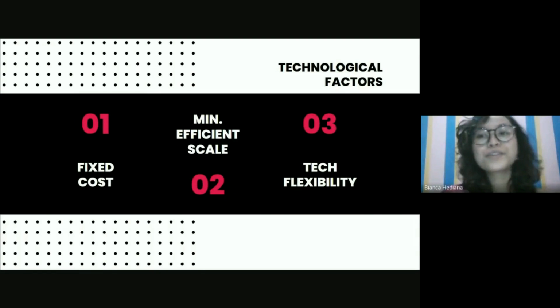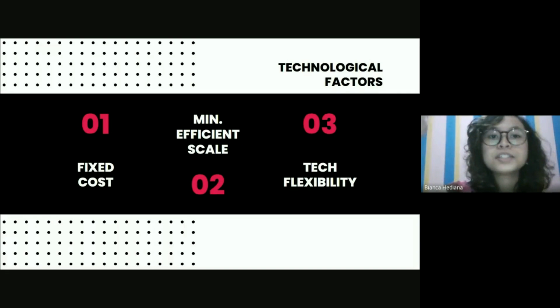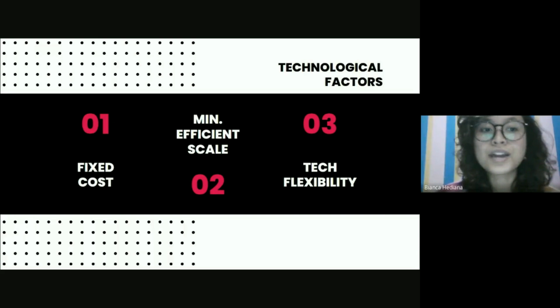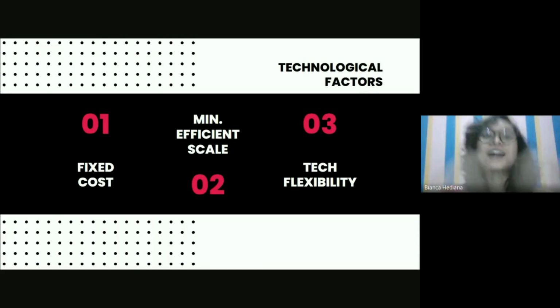So the summary for the technological factor that I already told you is that a number of technological factors support the economic arguments for concentrating production facilities in a few choice locations or even in a single location. Other things being equal, when fixed costs are substantial, the minimum efficient scale of production is high, and/or flexible manufacturing technologies are available, the arguments for concentrating production at a few choice locations are strong.